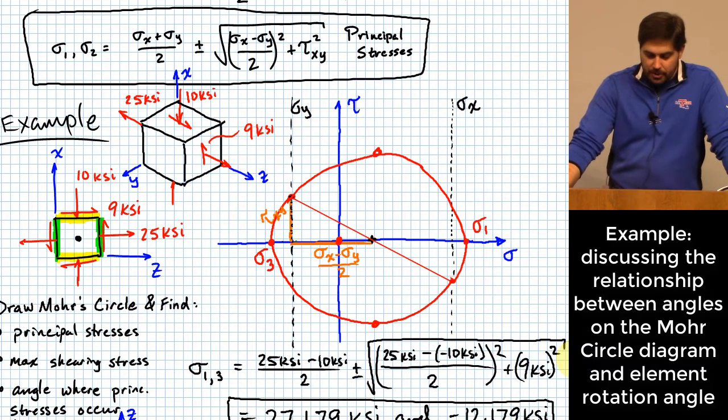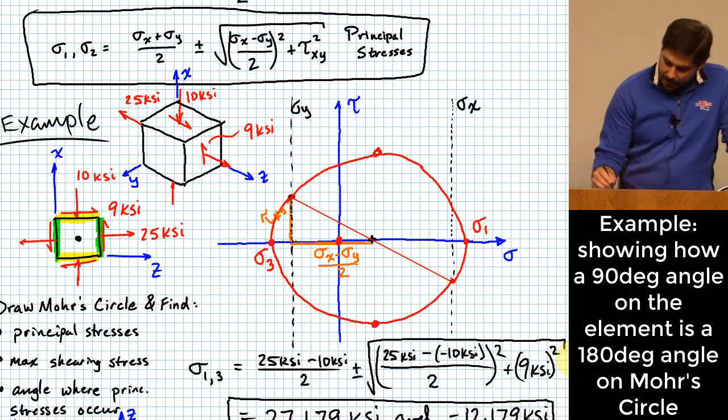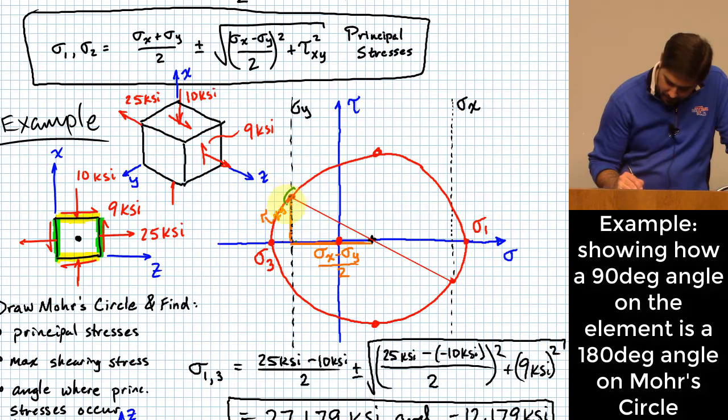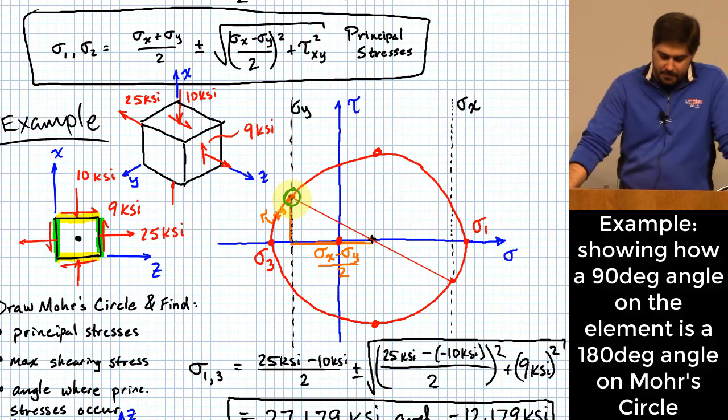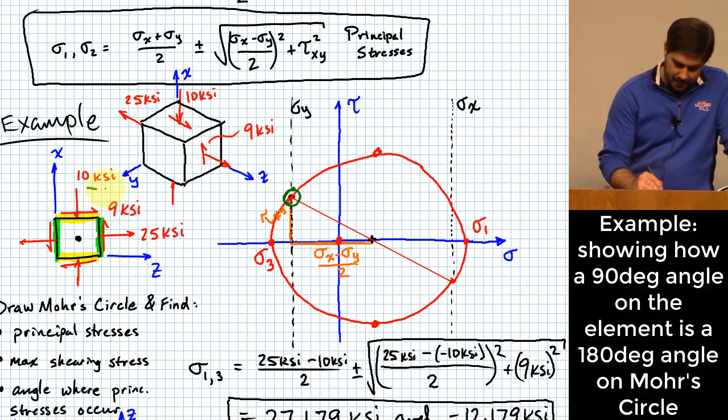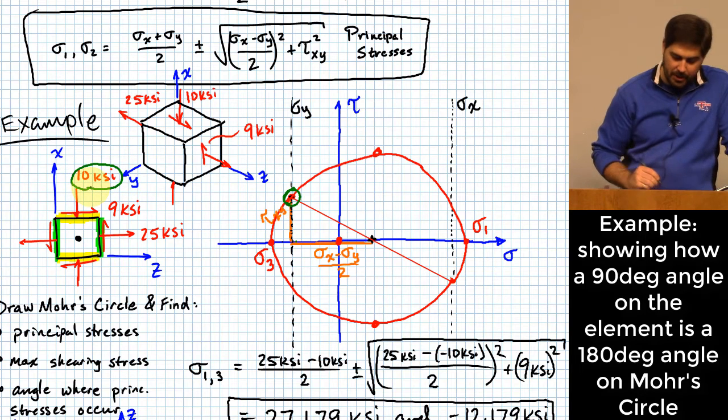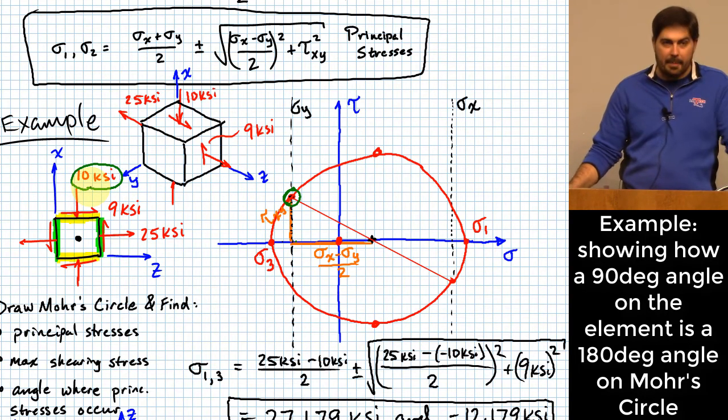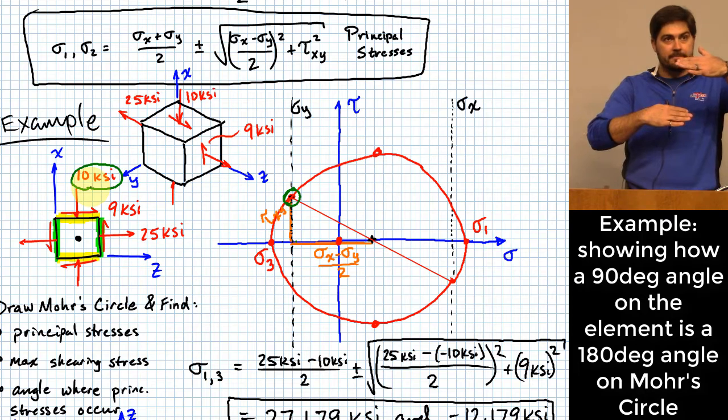Here's one way you can look at it. I found this point over here. That point was describing what face where stress was applied. Yeah, this one right here. So we were talking about the top and bottom faces of this square.